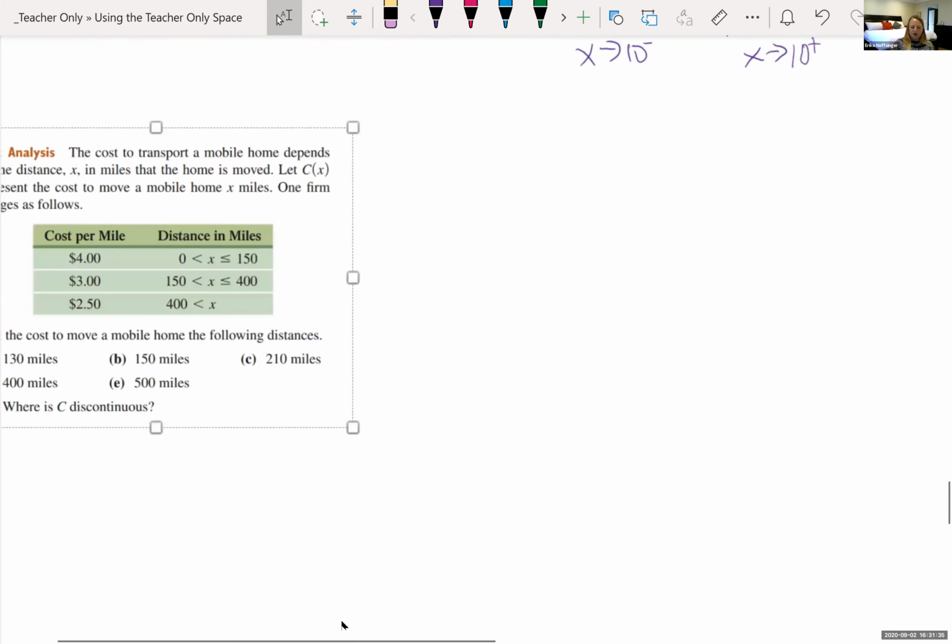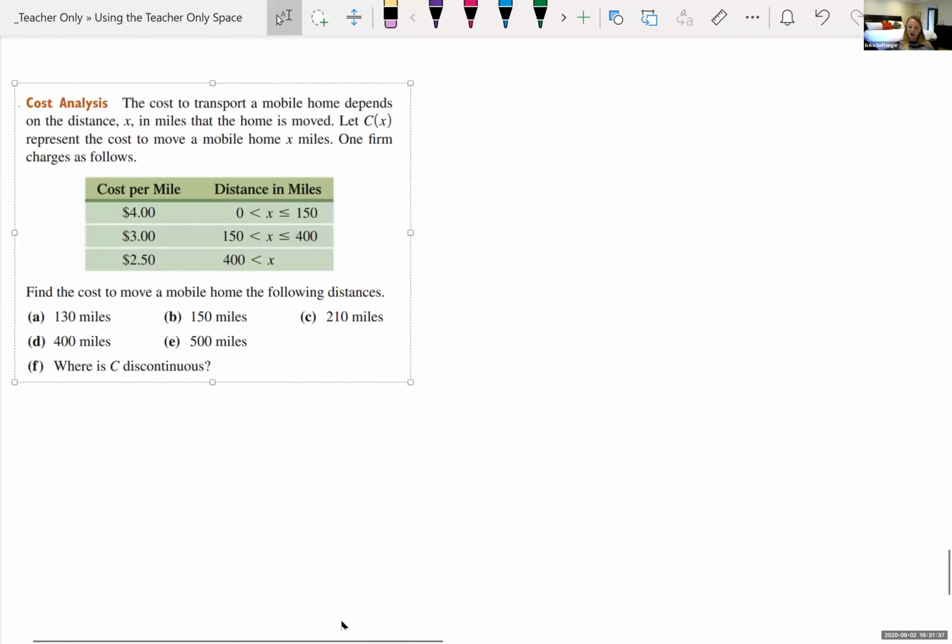Okay, so cost analysis. The cost to transport a mobile home depends on the distance, x in miles, that the home is moved. Let C of x represent the cost to move a mobile home x miles. One firm charges as follows. They're going to charge you $4 per mile if you're driving between a little more than 0 miles and equal to 150 miles.